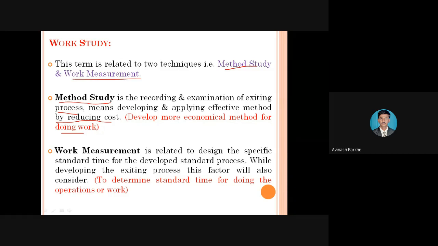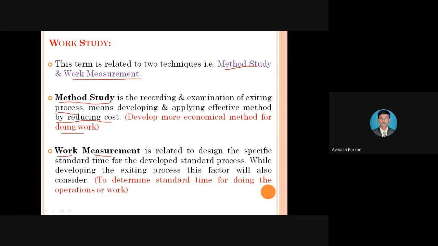And then what is meant by work measurement? Work measurement is related to the measurement of standard time for the developed process. Work measurement means measurement of the standard time which is required for the new process.